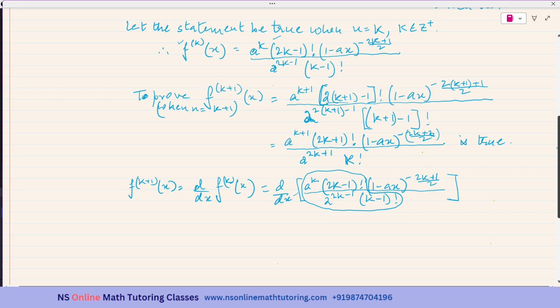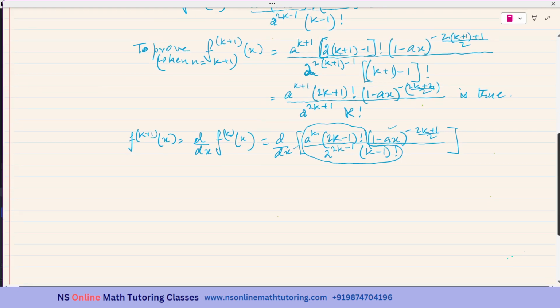A number raised to another number will be a number. So you are not having x in any of them. So this whole part can be considered the coefficient of the part which has the x, and the coefficient stays as it is in the process of differentiation.